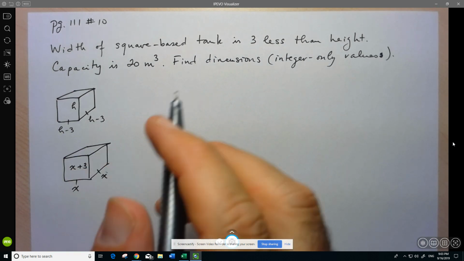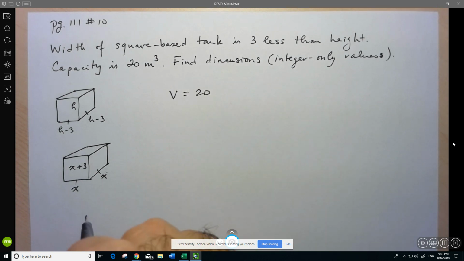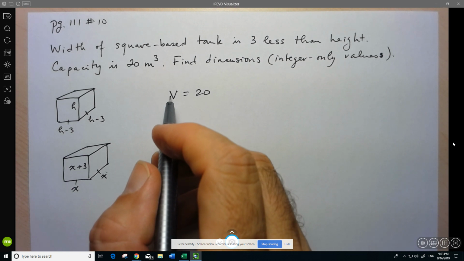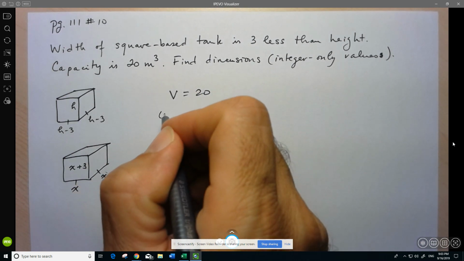So what do they tell us? They tell us that the capacity, or the volume, is equal to 20. The volume is just length times width times height, so x times x times x plus 3.